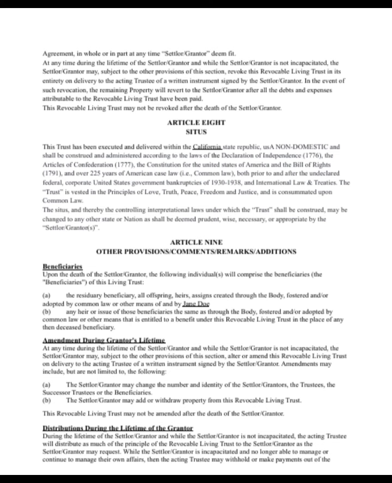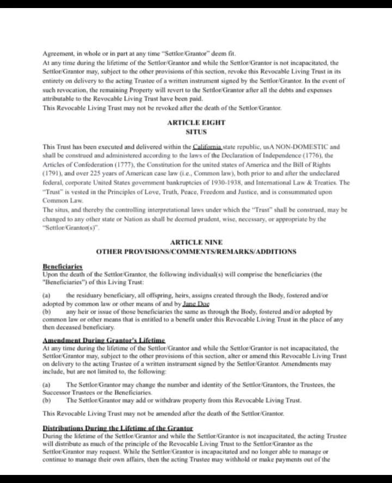All right, so Article 9. Other provisions, comments, remarks, additions to the beneficiary. So, upon the death of the settlor grantor, the following individuals will comprise the beneficiaries of this living trust.